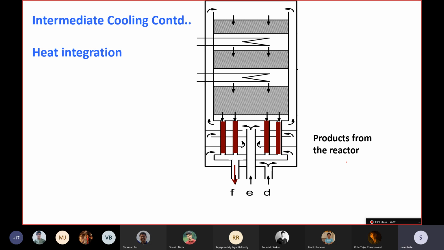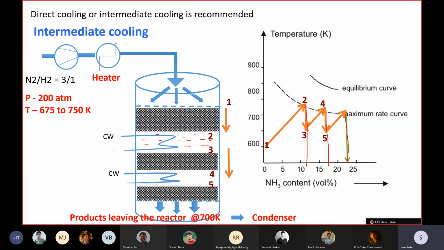Now if you can see here, initially the reactants are being heated. Now we are also doing the intermediate cooling. That means something is being heated, right?